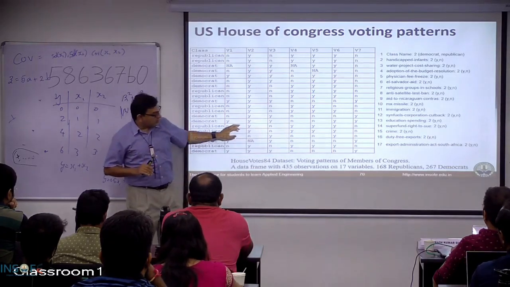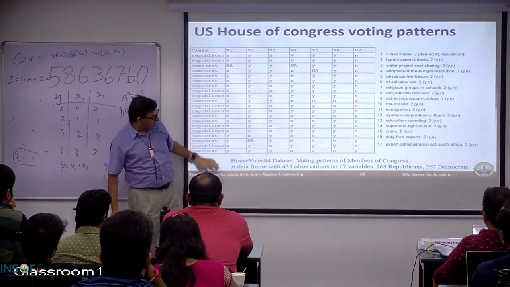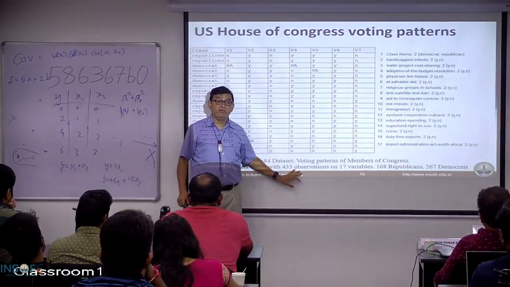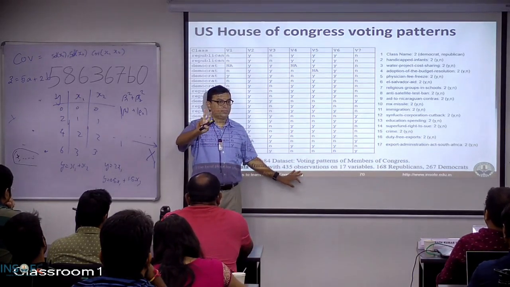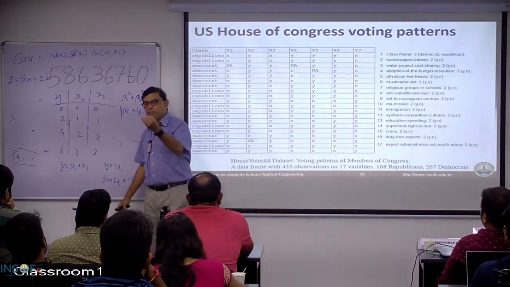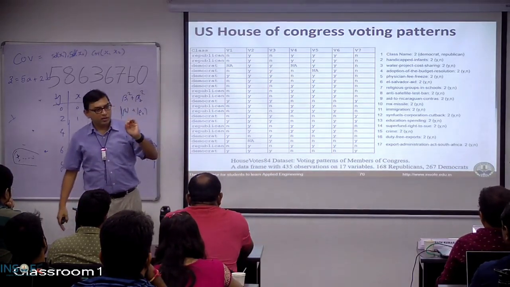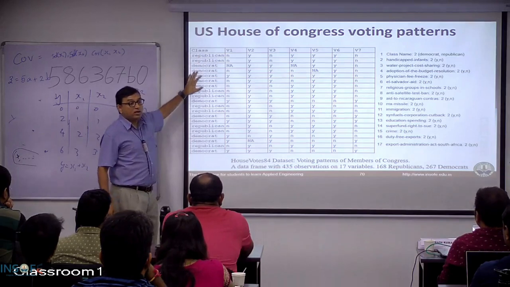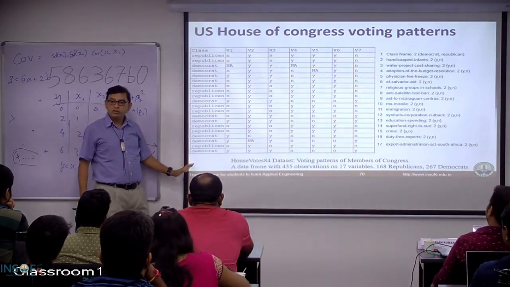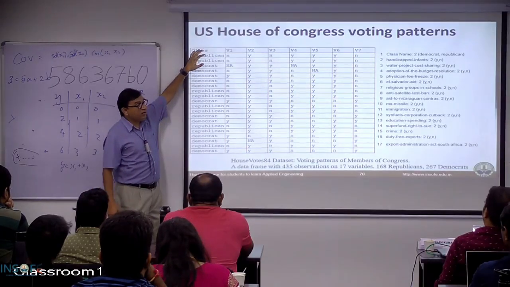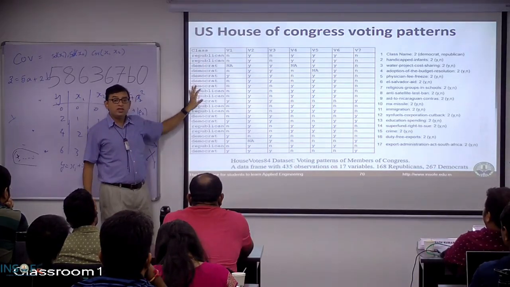The Congress at that point had 435 different congressmen. There were two parties, so every congressman is either a Republican or a Democrat. They have removed the names of the congressmen, and they are giving you data of which party each person belongs to.